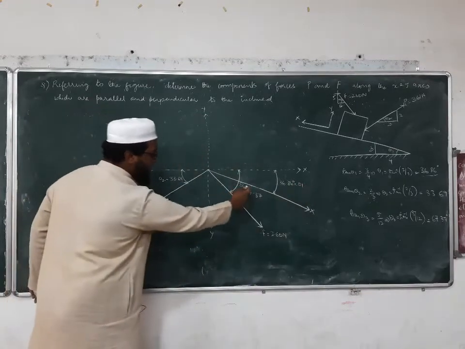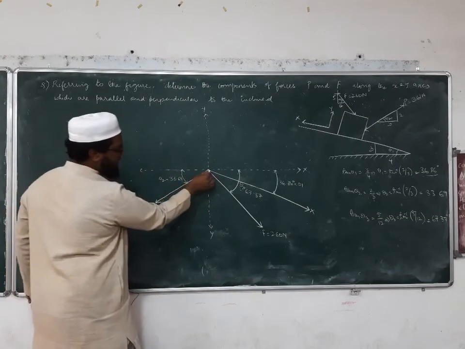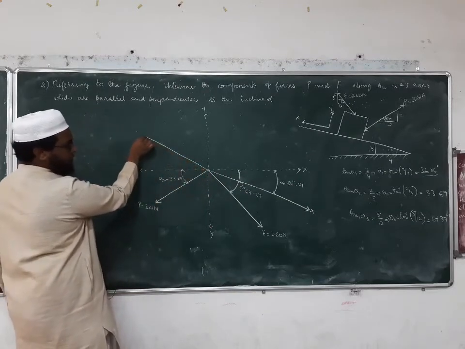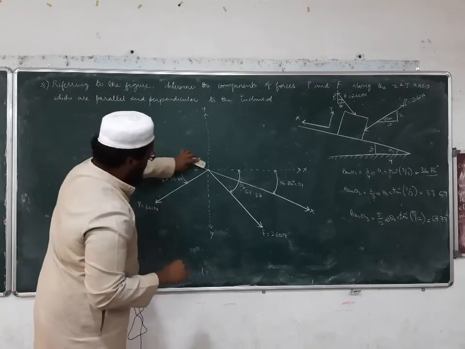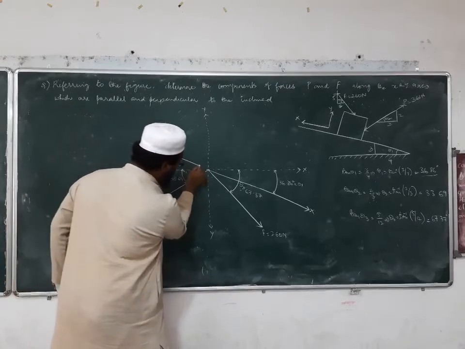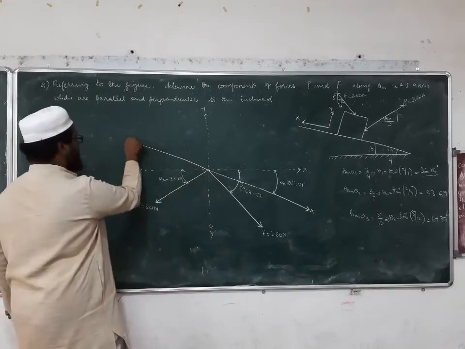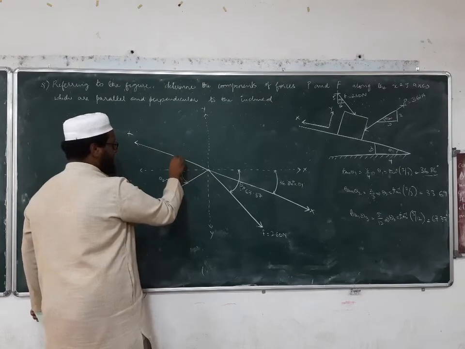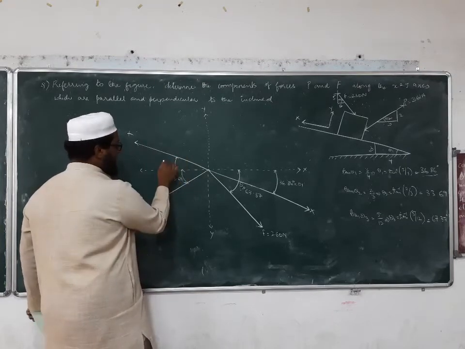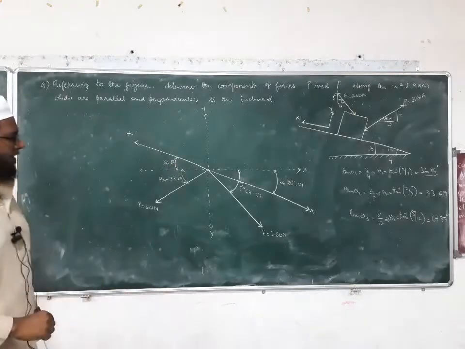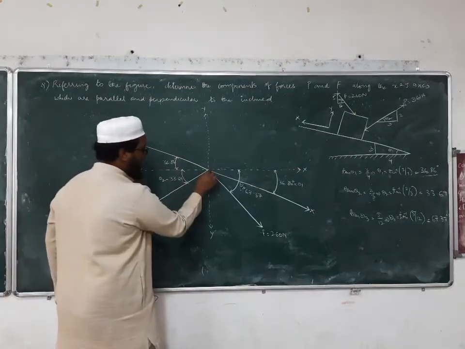Now the same line should extend in this fashion. So this is x-axis and this also should be 36.86 degrees. This is my x-axis. Now what will happen to my y-axis?